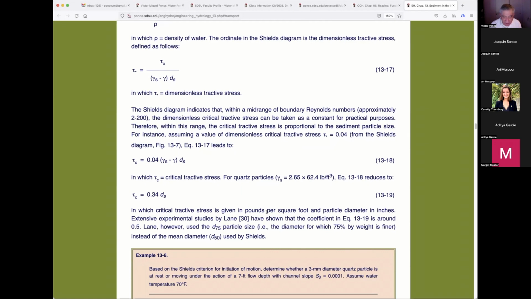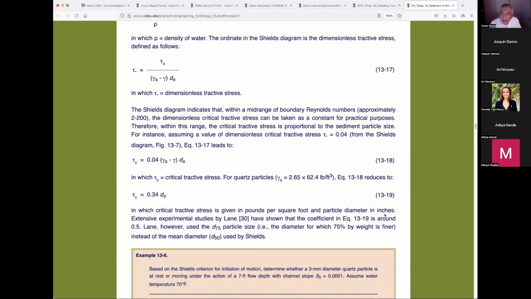Critical tractive stress is given in pounds per square foot and particle diameter in inches. It's interesting here that we should realize that units play a very big role in sedimentation and sedimentation engineering. Oftentimes we find ourselves working with the US customary system, but yet the diameter of the grain is given in millimeters.